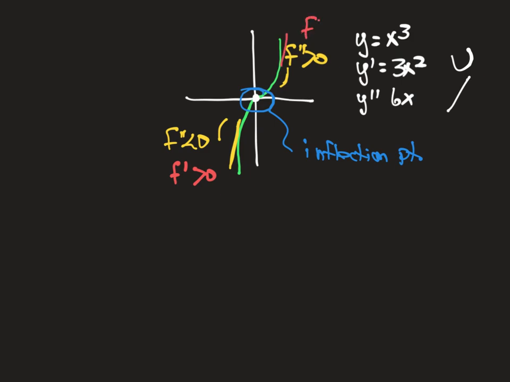So you go from positive slope, concave down, to positive slope, concave up. The big thing here with y equals x cubed is you change from concave down to concave up, and that's called an inflection point. So I hope that helps. Bye.